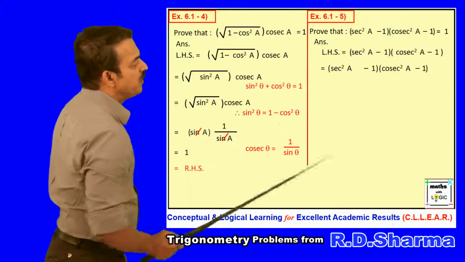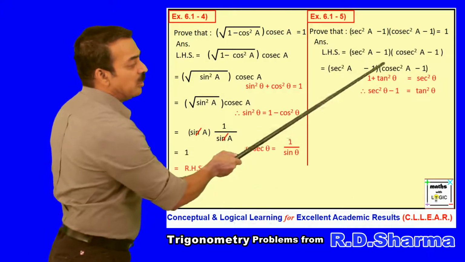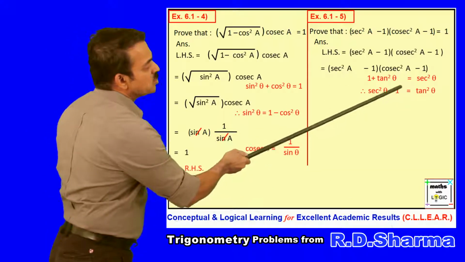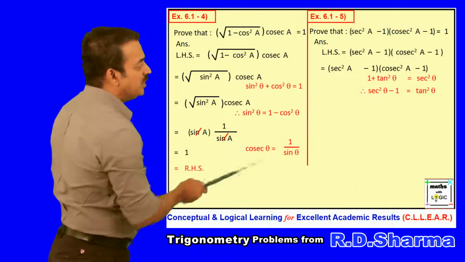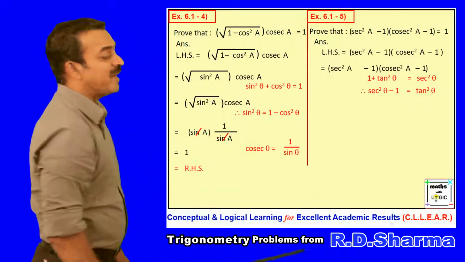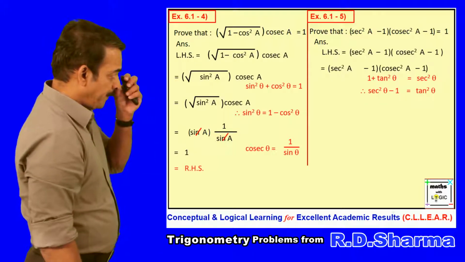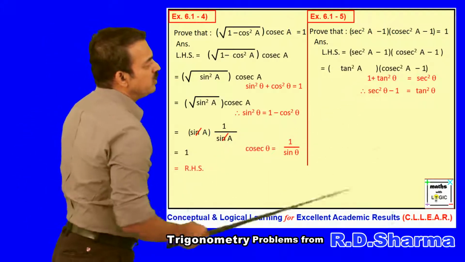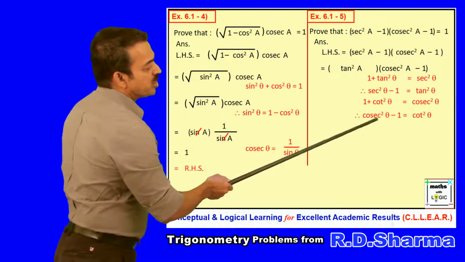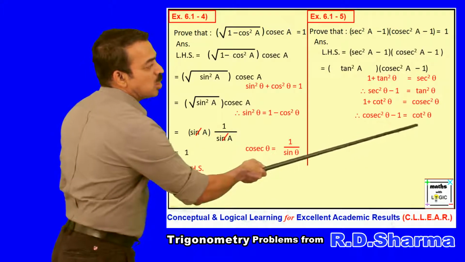So sec square theta minus 1 will be replaced by tan square theta. So this will be replaced by tan square A. And here cosec square theta minus 1 is cot square theta.